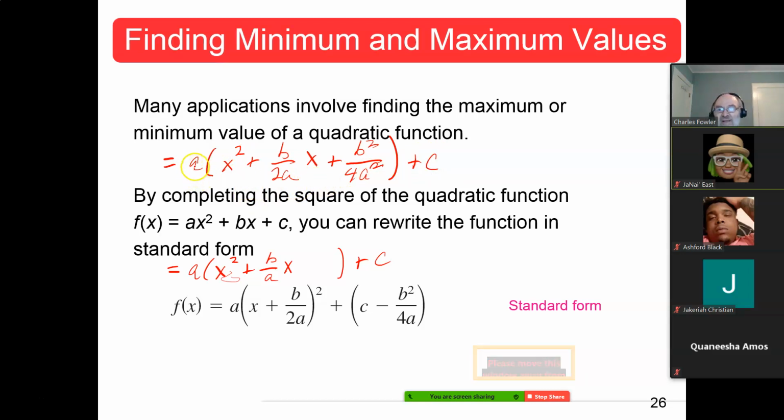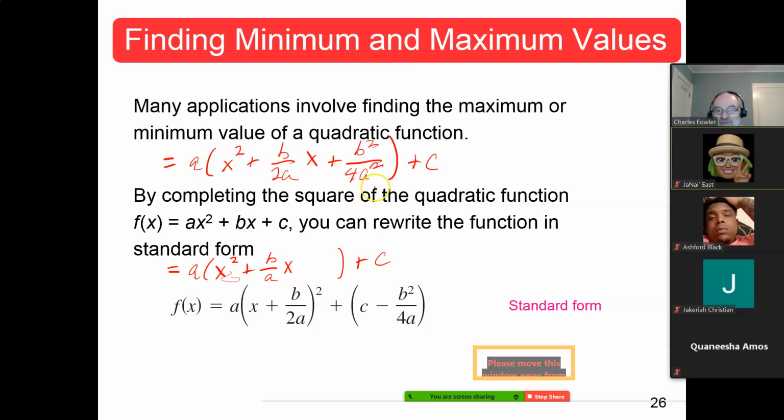What you've just done is, when you added this, you added a times b squared over 4a squared.